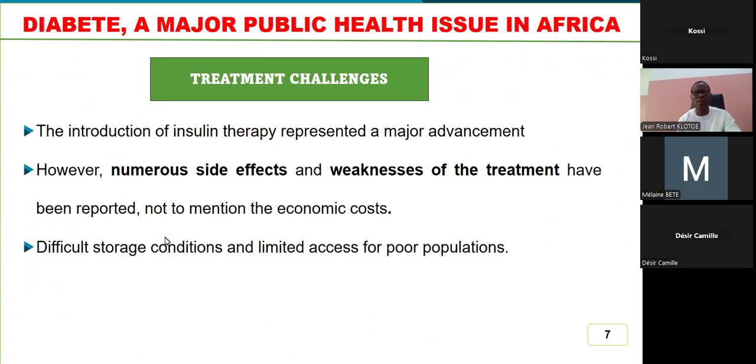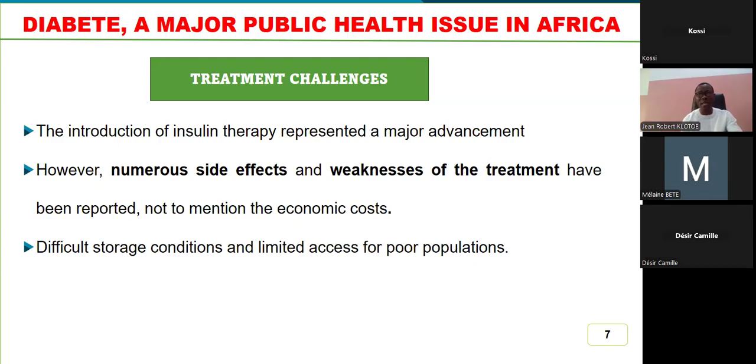For the treatment, we know that we have the treatment based on insulin, especially for type 1 diabetes. And we also have some drugs used to reduce the level of glucose in the blood. But all these treatments have numerous side effects, and some weaknesses in the treatment have been reported.